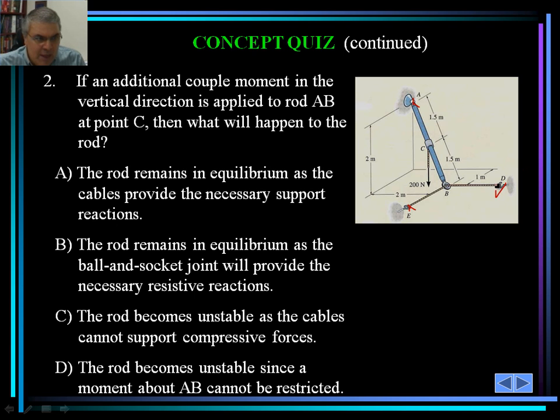It's like trying to hold on to the rod and turn it this way or the other way, and there's nothing that would support it. As we apply the rotation, the entire structure is going to rotate with it. So it's going to be unstable since a moment cannot be restricted. So the answer would be D in this case.